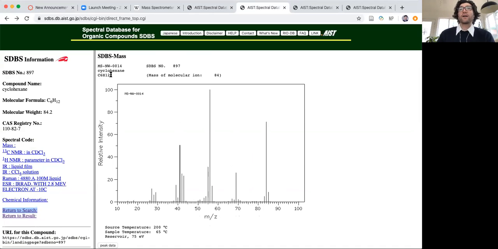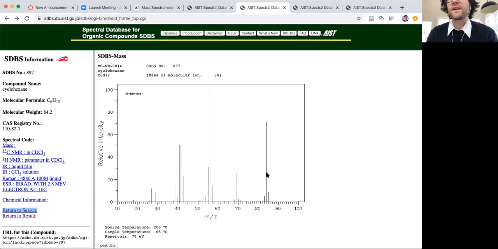The mass of the molecular ion is also 84. It's pointed out for us here on the SDBS, but you can see in this little group, the 84 peak happens to be the tallest. And I think in most cases that should be true.